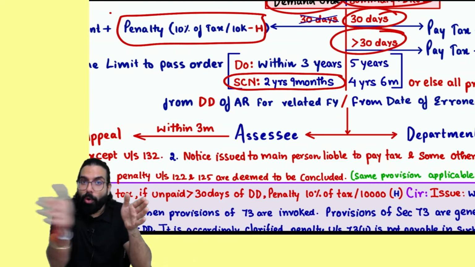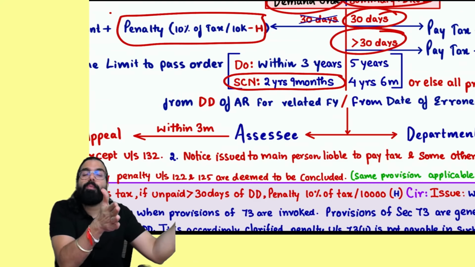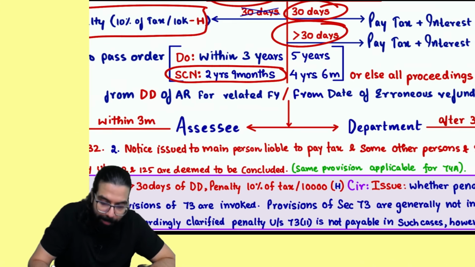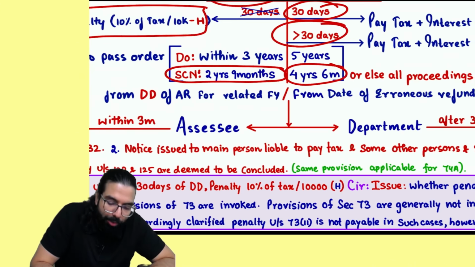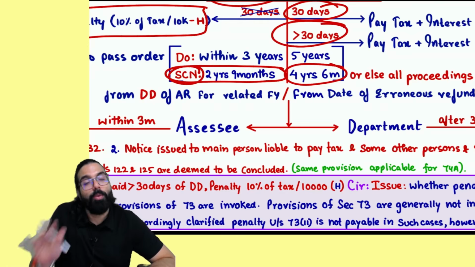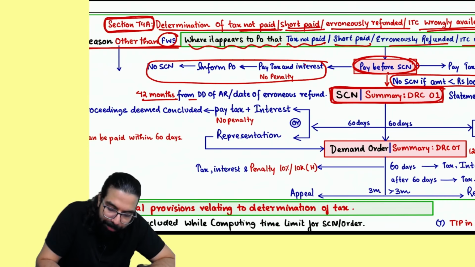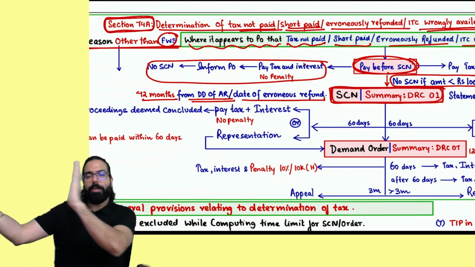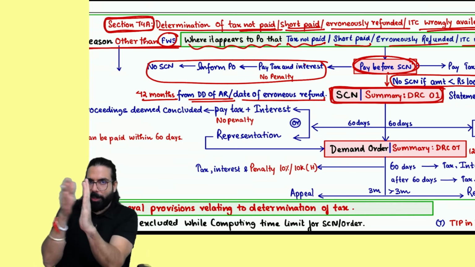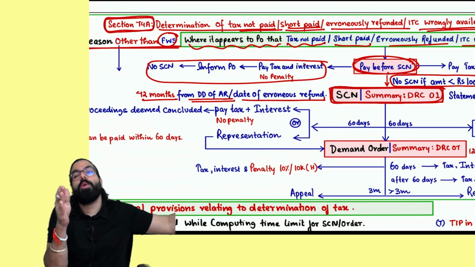Fraud cases, 4 years, 6 months, and 5 years was the demand order. Yes, sir, we remember. Now they have told that for show cause notice, for fraud and non-fraud cases, there is one time limit only, and they have given the time limit as 42 months from the due date of annual return or the date of erroneous refund. Sir, whichever year it is, within 42 months from that year's annual return, for fraud and non-fraud cases, they will give you the demand order.